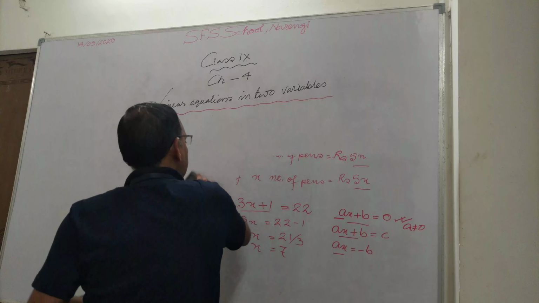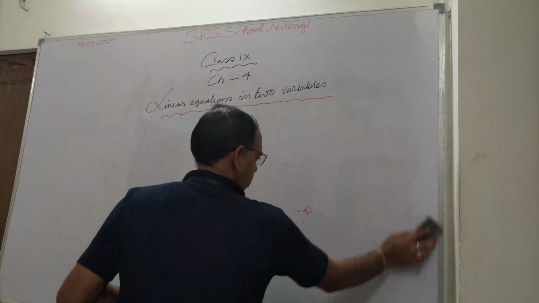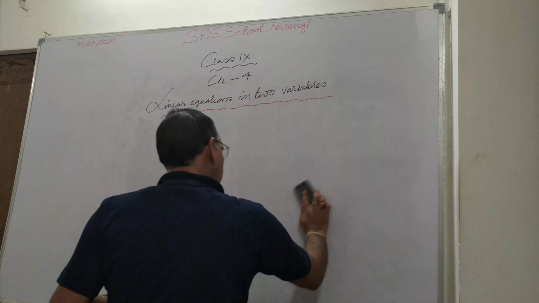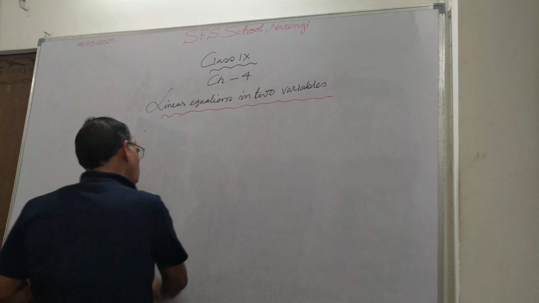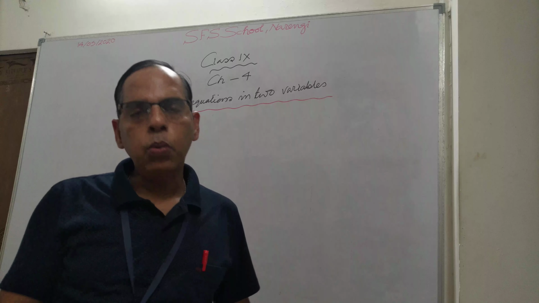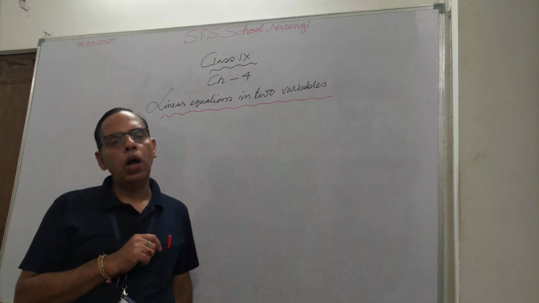According to this chapter, linear equation in two variables. So what do you mean by linear? You got linear polynomial, quadratic polynomial, cubic polynomial. Now what do you mean by linear? Linear means degree is 1.